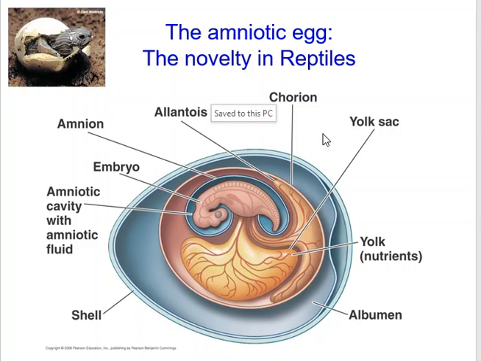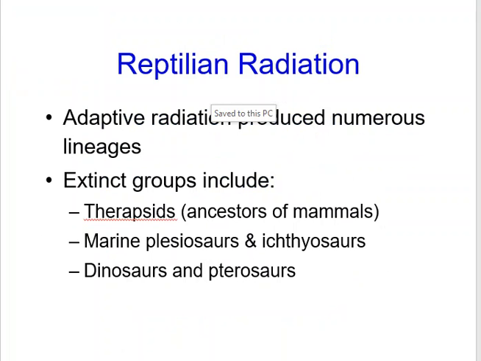Okay, so moving on. Reptiles underwent an adaptive radiation and produced many groups. And the reason why reptiles underwent a radiation, which is an explosion of species, is because this was the first group of animals to really conquer the inner land.